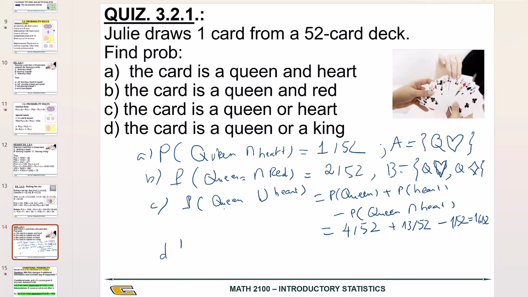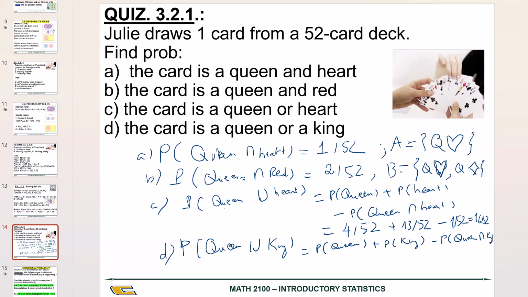So the card is a queen or king. Again, for sure, if I want to list it, I can list it, and it's not a too complicated setting. But I also want to use the addition rule, I'm sorry, because I think my life is easier if we use that. Queen or king, the same thing: P(queen) plus P(king), subtract P(queen and king).